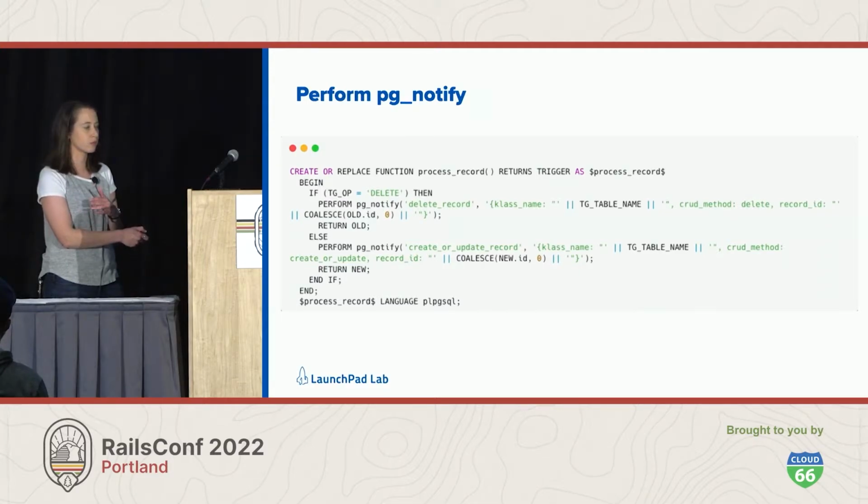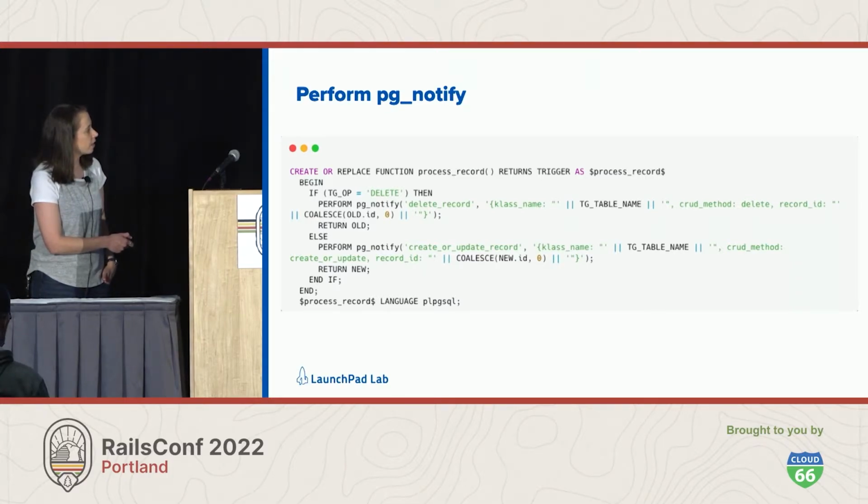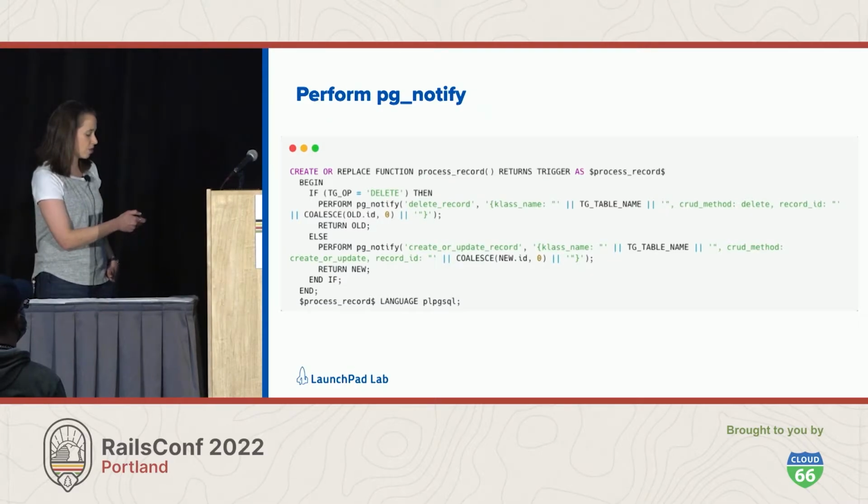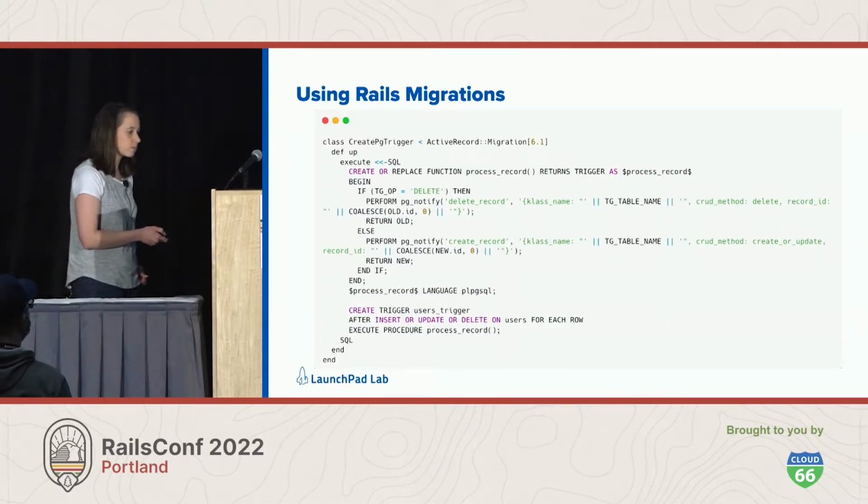I know it looks like the Ruby OR, but it's actually string interpolation to make this gross hash that I use later. But you can see I use some other elements here, like the table name. In the project that I worked on, I used the schema name as well to understand what direction it was coming from, and grabbing the IDs and things like that. So that's using notify within the function.